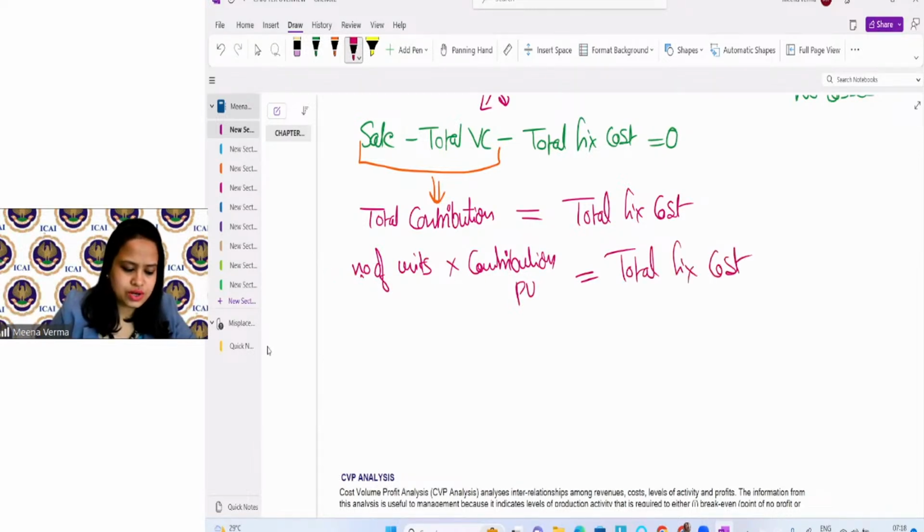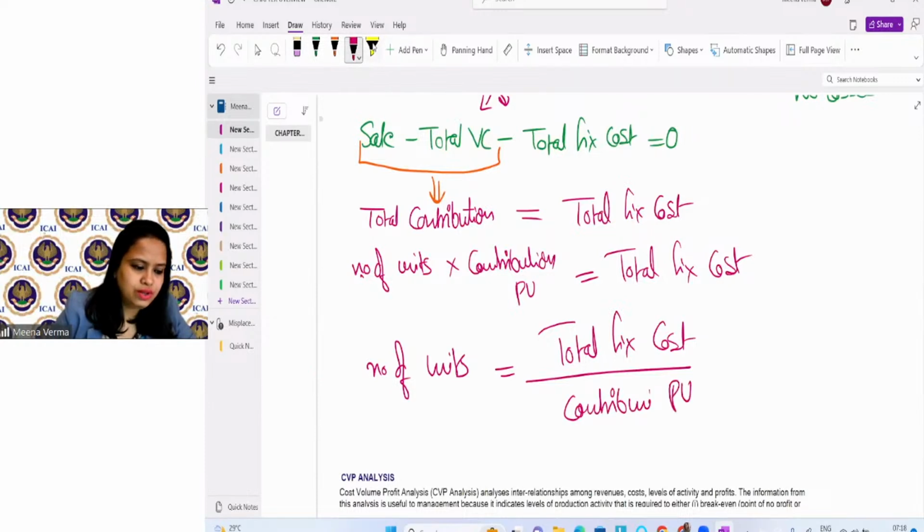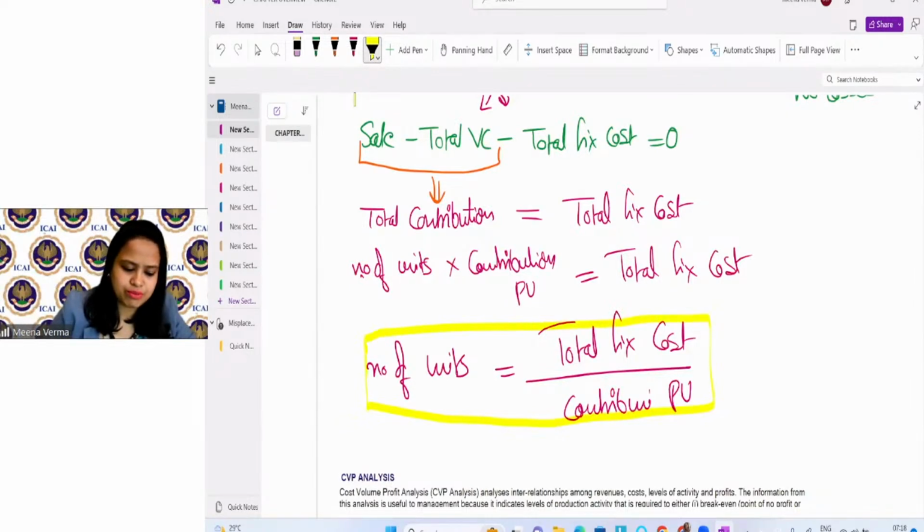So number of units is equal to total fixed cost divided by contribution per unit. So we will use this formula here. The number of units that you will find here is the break-even point. This will be break-even units.